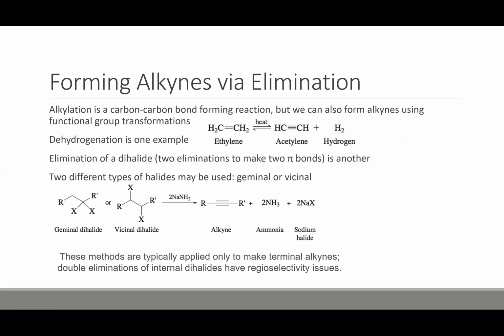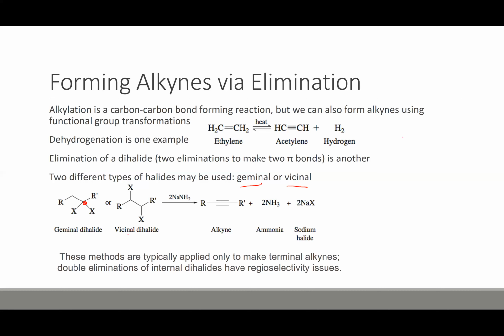The terms for these are geminal or vicinal. A geminal dihalide is when the carbon group has the halides both attached to it. So one of the carbons that will then make the triple bond has both halides on it.